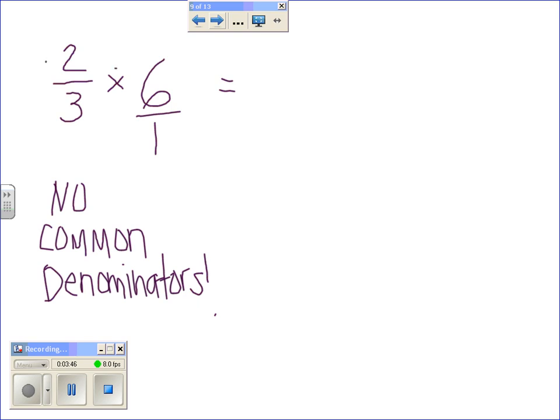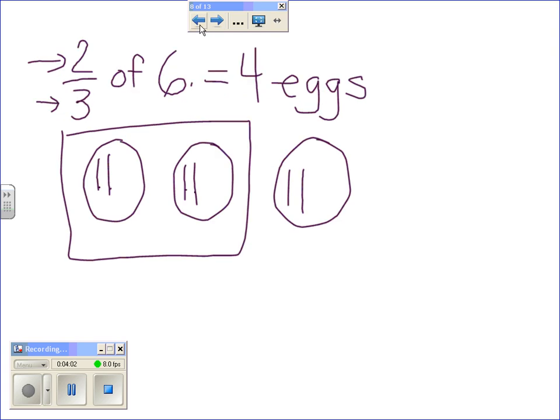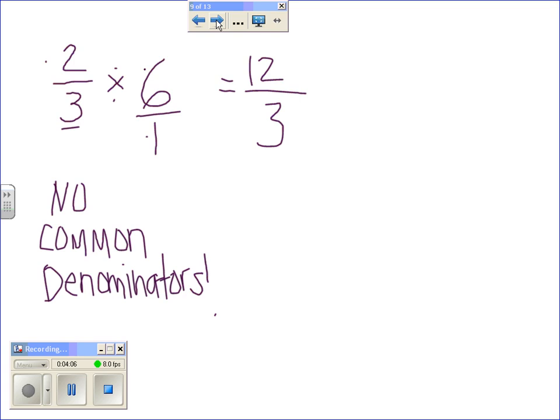2 times 6 equals 12. And we can also multiply straight across the bottom. 3 times 1 equals 3. Well, you might say that doesn't look like 4, but it will in a second. We know we cannot leave an improper fraction.